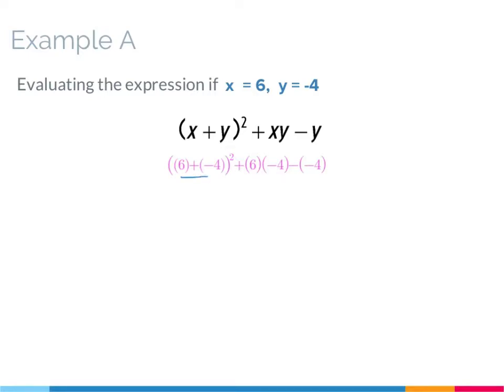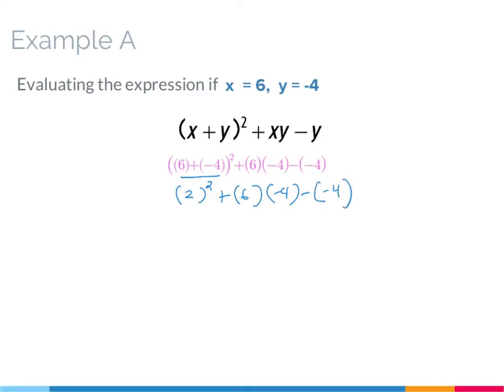Inside my grouping symbols, it looks like I have 6 plus -4. I can use my calculator for that if I don't remember my integer rules, but luckily I do, and 6 plus -4 is going to give me +2. I'm going to bring everything else down after I do that. Bring down my parentheses, bring down my 2, bring that raised to the second power, bring down my plus sign, bring down my 6 inside parentheses, my -4 inside parentheses, minus, and inside parentheses, -4.